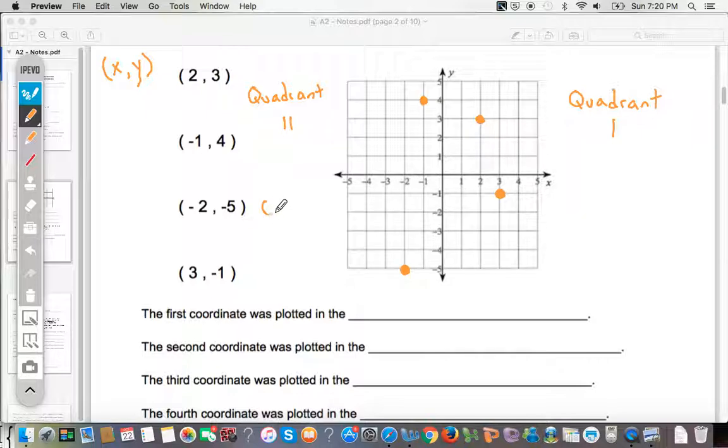Down here, quadrant 3. And last, as I'm sure you could guess, we have quadrant 4, written as IV.